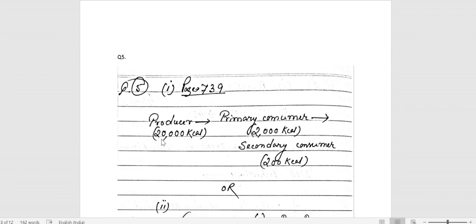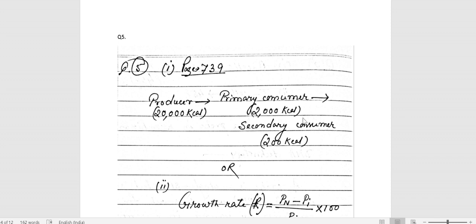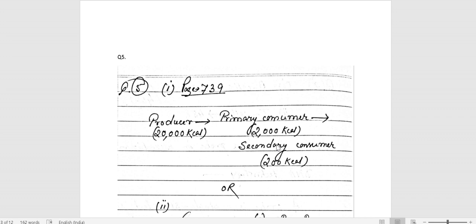Here the producer has 20,000 kilocalorie energy in its body, and it will transmit 2,000 kilocalorie, that is 10% of 20,000 kilocalorie, to the primary consumer, and then from the primary consumer, it will transmit 200 kilocalorie, that is 10% of 2000 kilocalorie, to the secondary consumer. And they actually asked the energy level of the secondary consumer. So the correct answer is 200 kilocalorie energy.